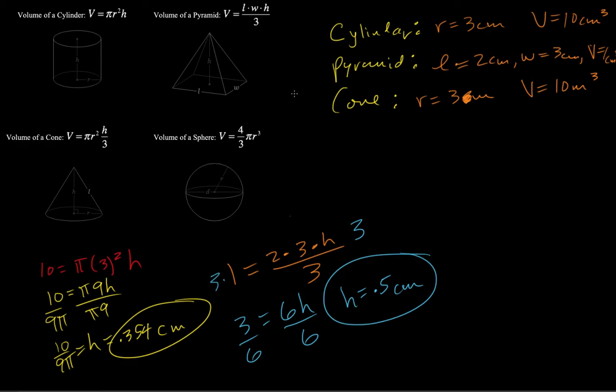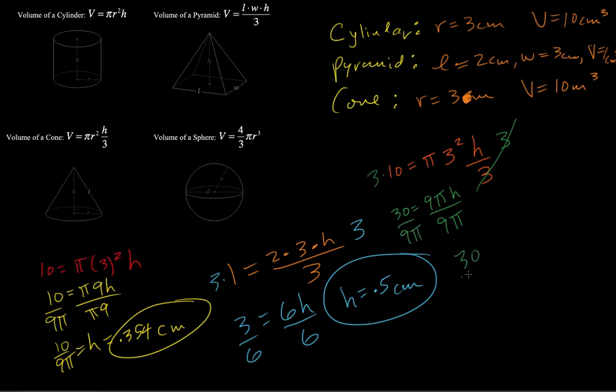Okay, now we're going to do the cone. We know the volume is 10. Pi, we know the radius is 3. And then h is over 3. So the first thing we want to do is multiply both sides by 3. We get 30 is equal to, this is 9. So 9 pi h. Divide by 9 pi.